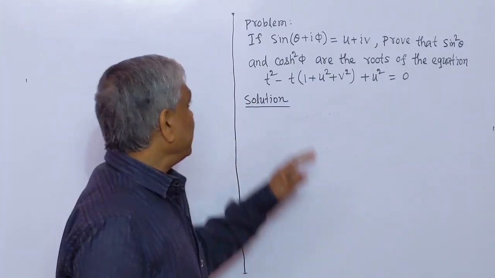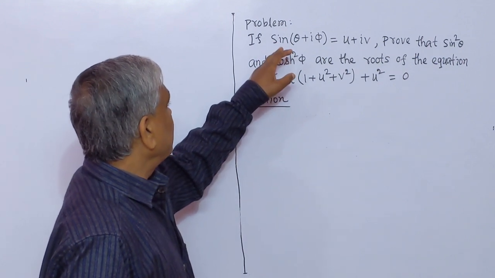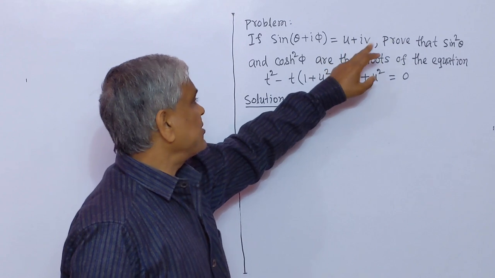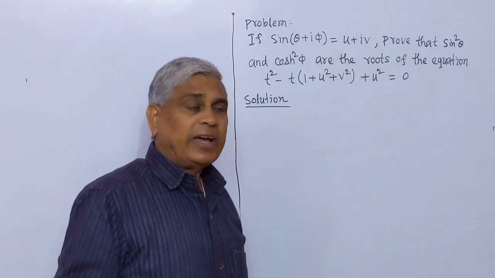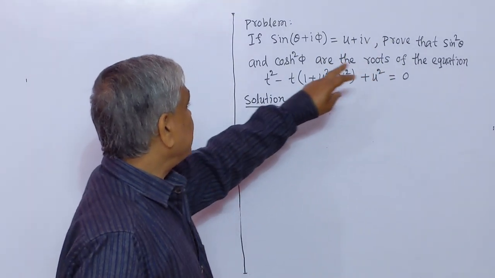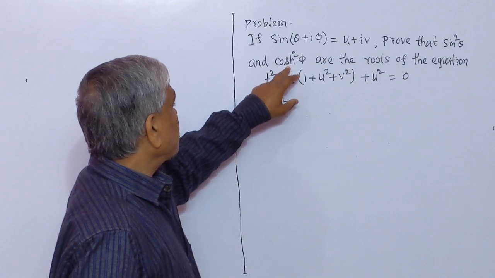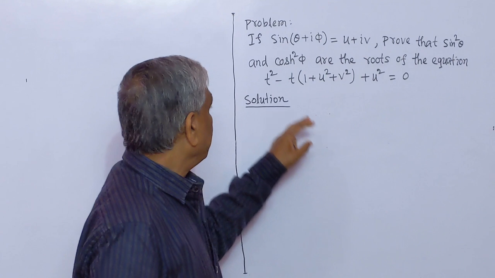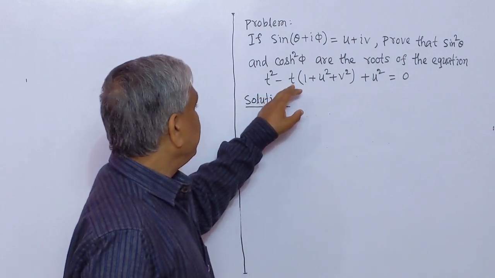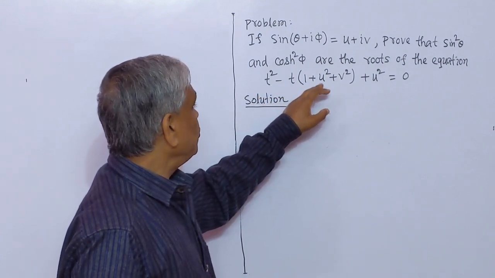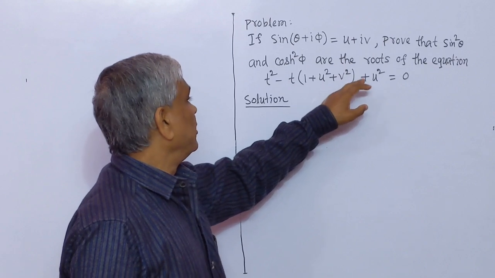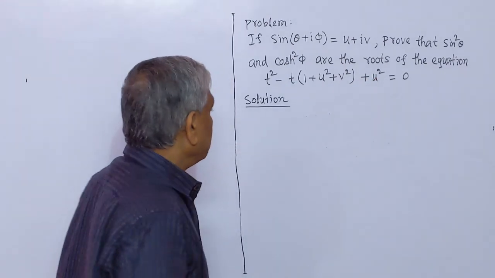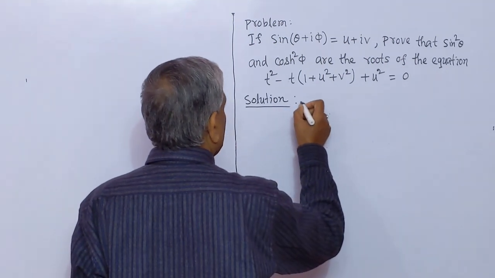Now we solve the next problem. Next problem is, if sin(theta + i phi) = u + iv, then prove that sin squared theta and cosh squared phi are the roots of the equation t squared minus t(1 + u squared + v squared) + u squared = 0. Now we solve this.